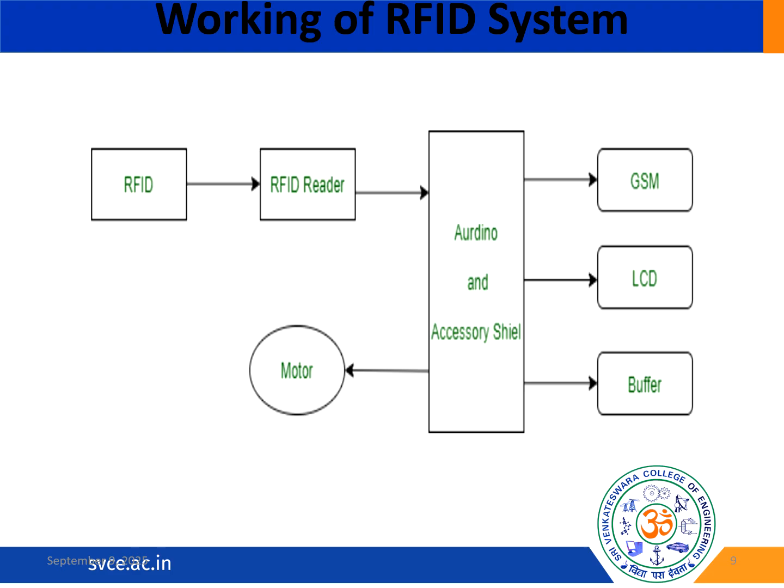If you see the working of RFID, here we have an RFID reader with an Arduino board connected with GSM, LCD and buffer. In the RFID system, there are three components: a scanning antenna, a transceiver, and a transponder.